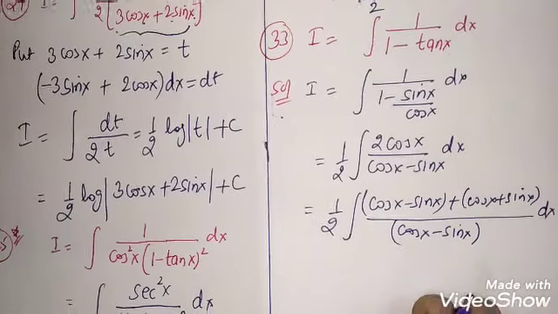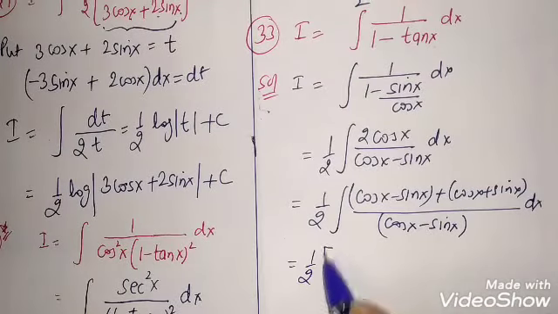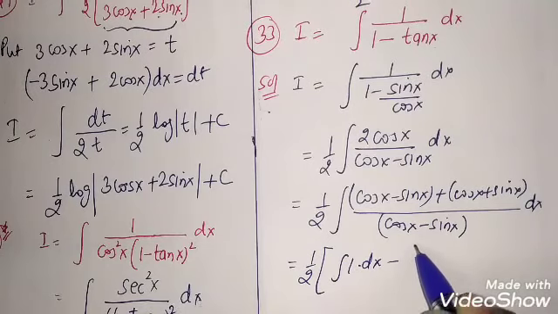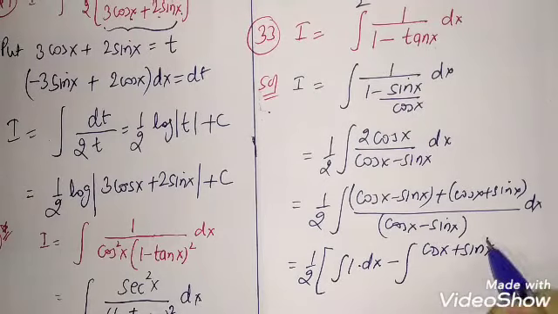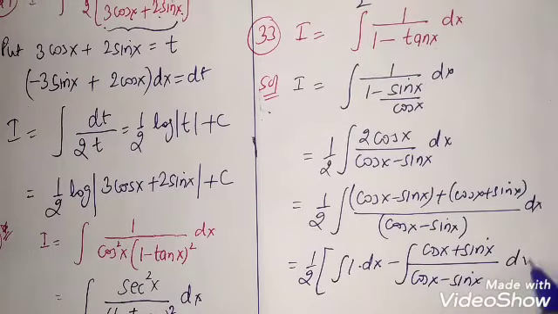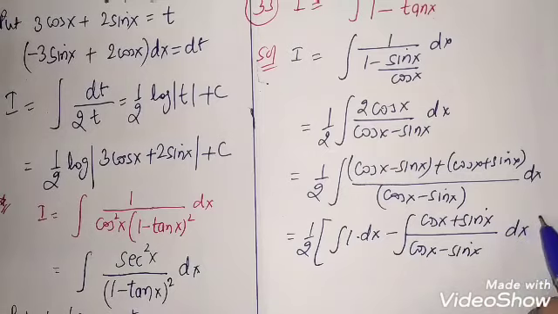dx for sure. Okay, if you are separating the integral, it seems to be the integral of 1 dx minus the integration of cos x plus sin x upon cos x minus sin x dx.